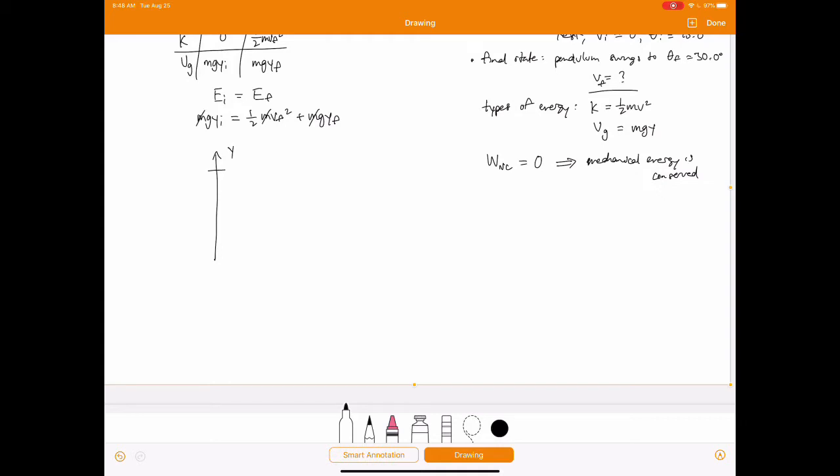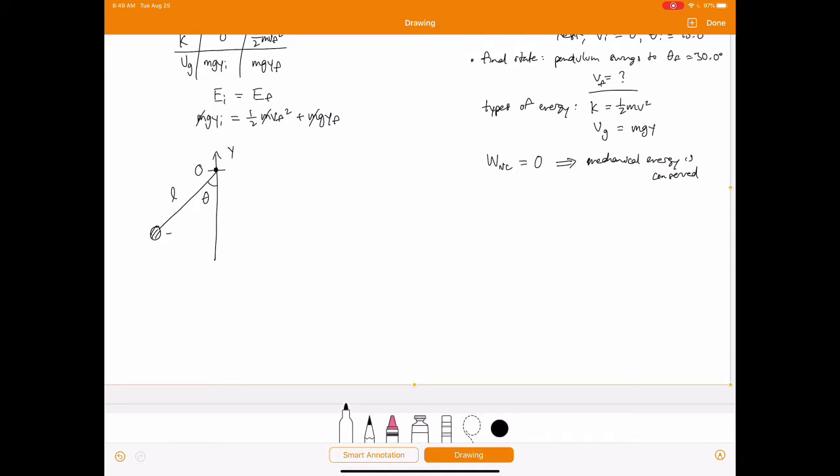Let's say that this is y equals 0 right here, and this is the point of attachment. This is where the string is attached to some fixed point. The length of the string is L, and then we have our pendulum mass over here. And then this would be the angle theta that the pendulum makes with the vertical.